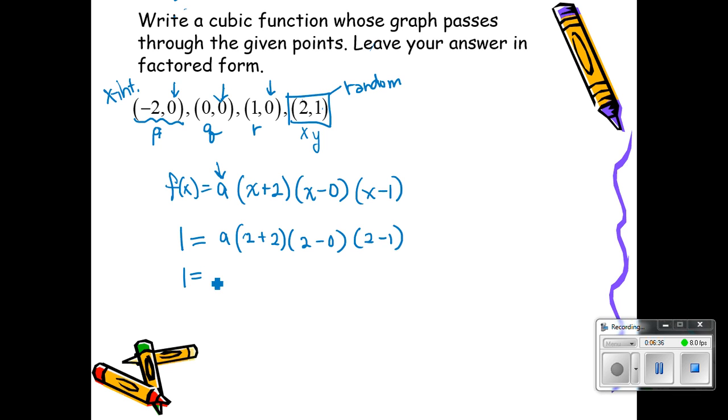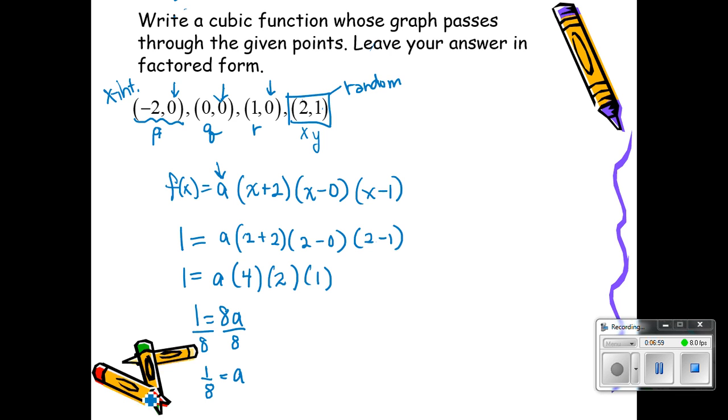This would be 1 equals a times 2 plus 2, which is 4; 2 minus 0, which is 2; and 2 minus 1, which is 1. 4 times 2 is 8, 8 times 1 is 8. This would be 8a equals 1. Divide both sides by 8, and a equals 1/8.